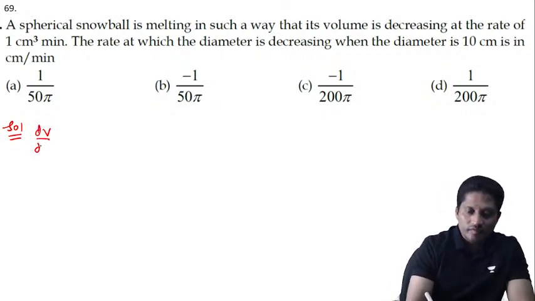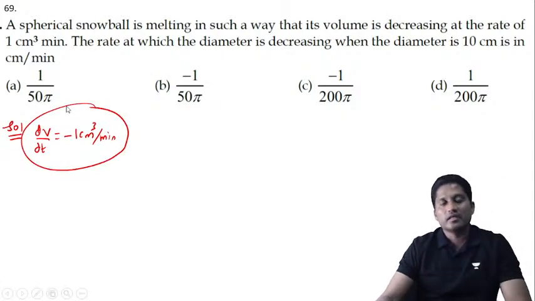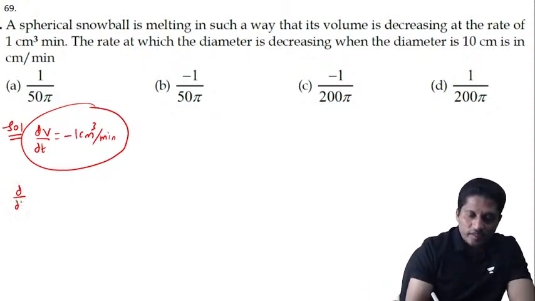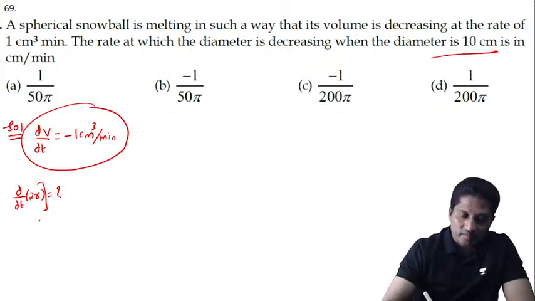Rate of change of volume with respect to time is minus 1 centimeter cube per minute, negative because it is decreasing. I need to find the rate at which the diameter is decreasing, when the diameter is 10 centimeter. Diameter is 10 centimeter means radius should be equal to 5 centimeter.